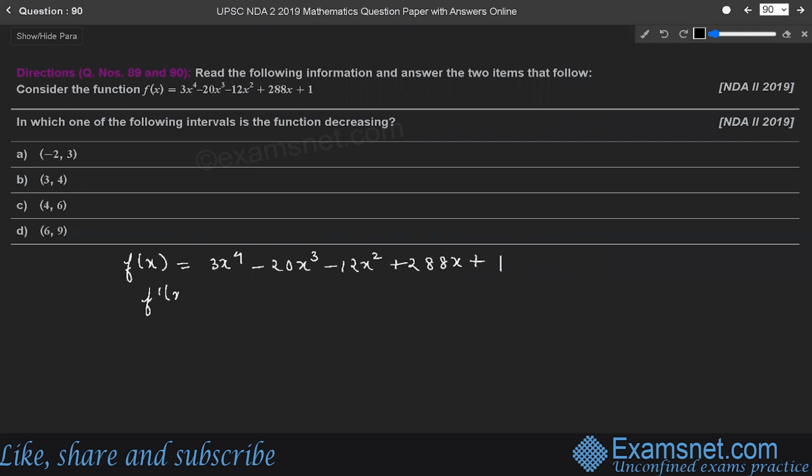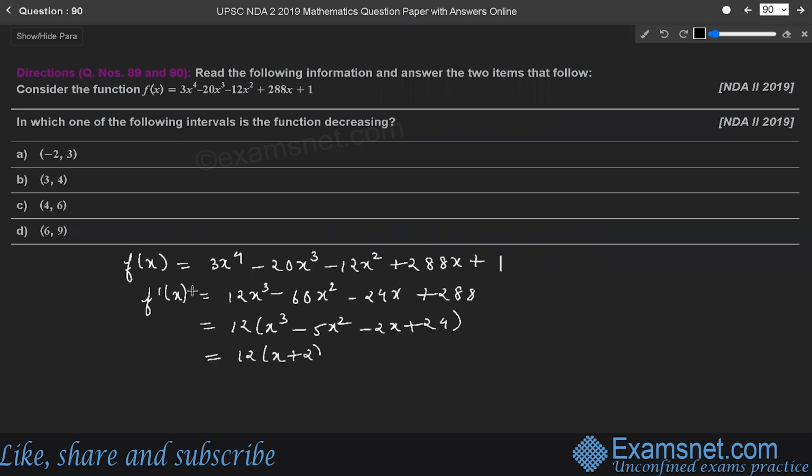We know that f dash x will be 12x^3 minus 60x^2 minus 24x plus 288. So it will be equal to 12 into (x^3 minus 5x^2 minus 2x plus 24). On further solving, this will be 12 into (x plus 2) into (x minus 3) into (x minus 4). We have already found this value in the previous question.